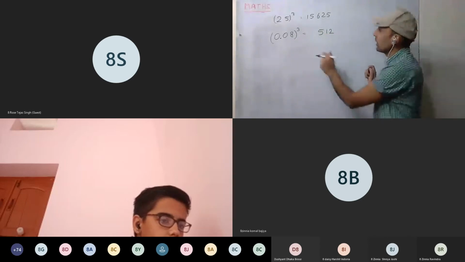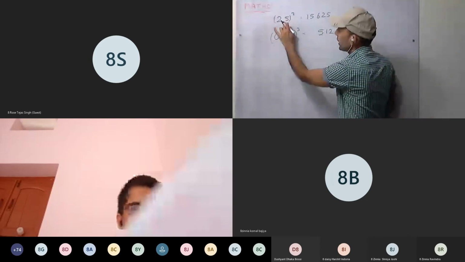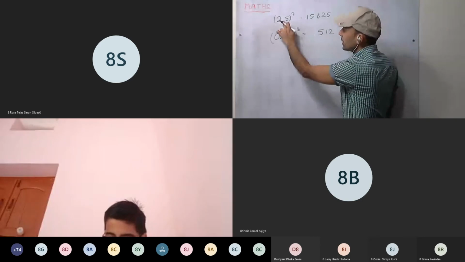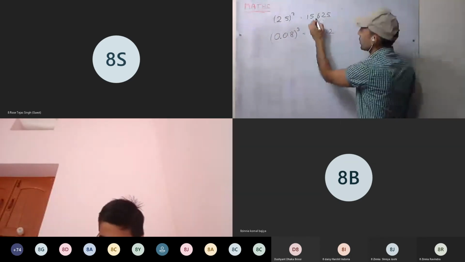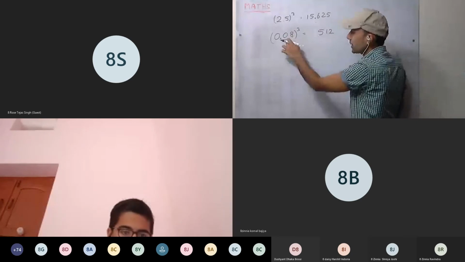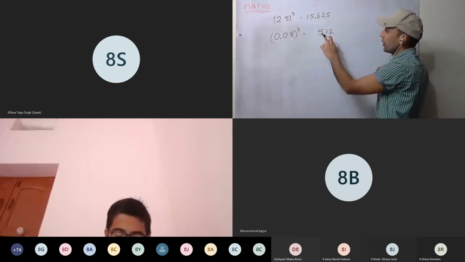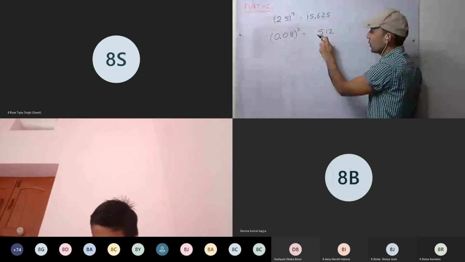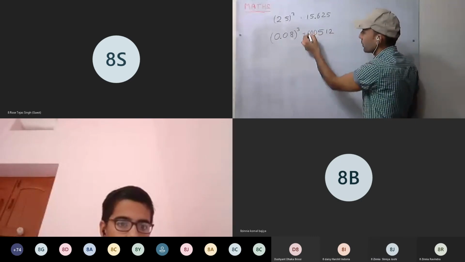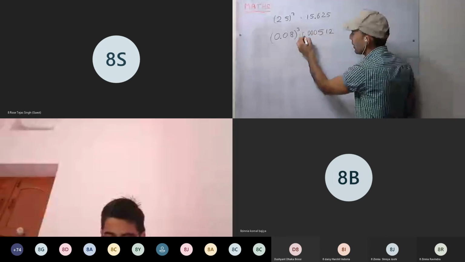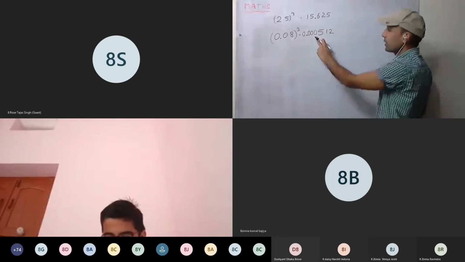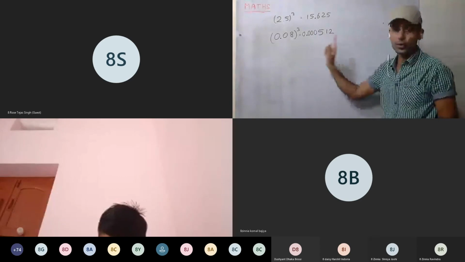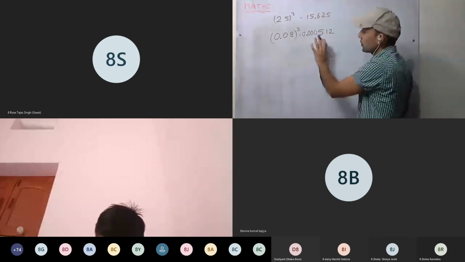It was 2.5, one decimal place in the question. Now, cube means 3 decimal places: 1, 2, 3. Here, how many decimal places? 2 decimal places. So here there will be 6 decimal places: 1, 2, 3, 4, 5, 6. So 0.000512. This is a shortcut. Don't do this in examination. This is just for checking the answer.